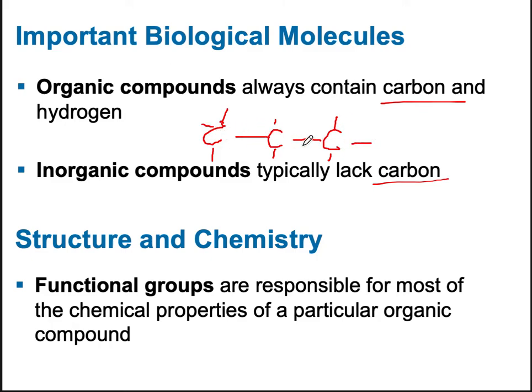So carbon is the backbone. Okay, but inorganic, if you do find a carbon, it's probably in a functional group, not in a chain, not a backbone. And most of the time you just won't have carbon at all. We also talked about the difference between something that can be dissolved in water and something that cannot be dissolved in water.